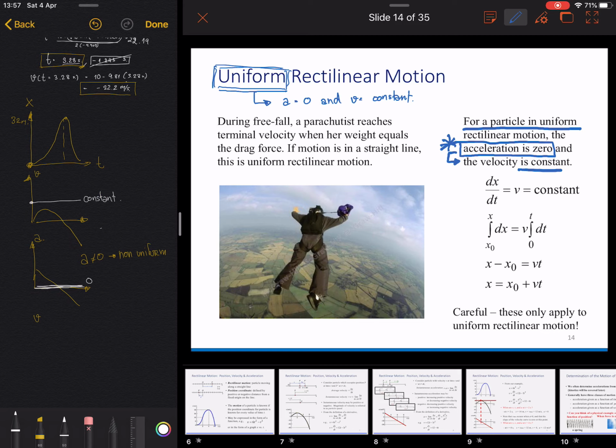And for example, your distance will become like this. The slope will be linear, like linear equations. Okay, so this is what we call uniform rectilinear motions.